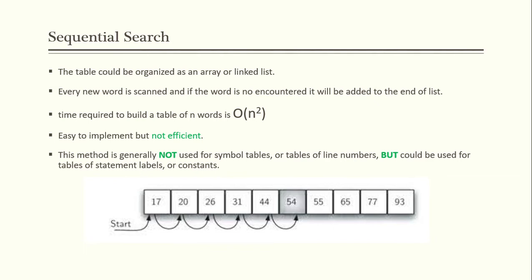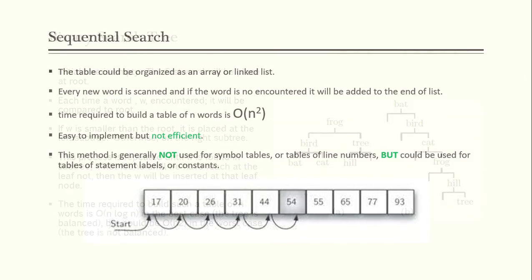On the second phase, it will start from the second location, and again compare to the next one, and the next one, and the next one. That is the second one. So imagine if you have hundreds of data, this process will be repeated 100 times. So that is sequential search.